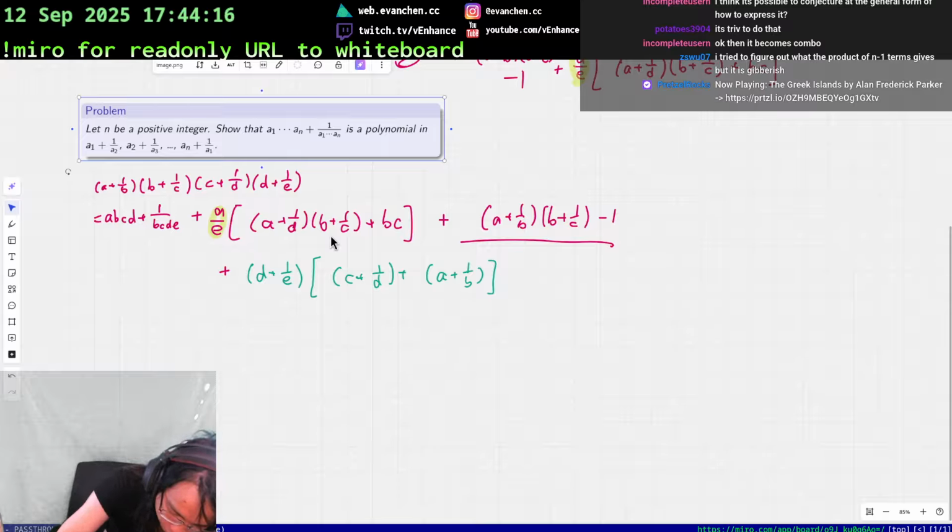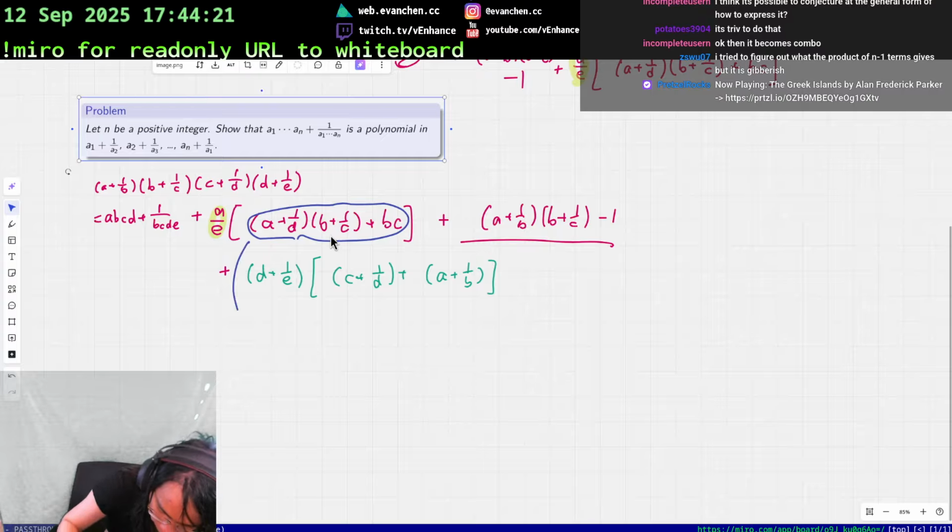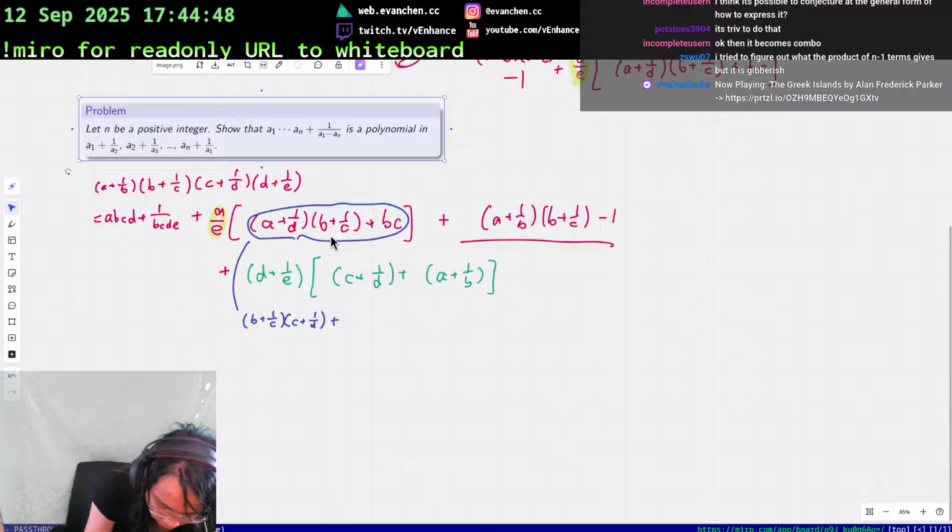I think by some black magic miracle, this thing will be equal to something else. What it's supposed to be equal to is, let's see, I have AD, AB, D to A to B, C to D, so it should be B to C, plus minus 1.